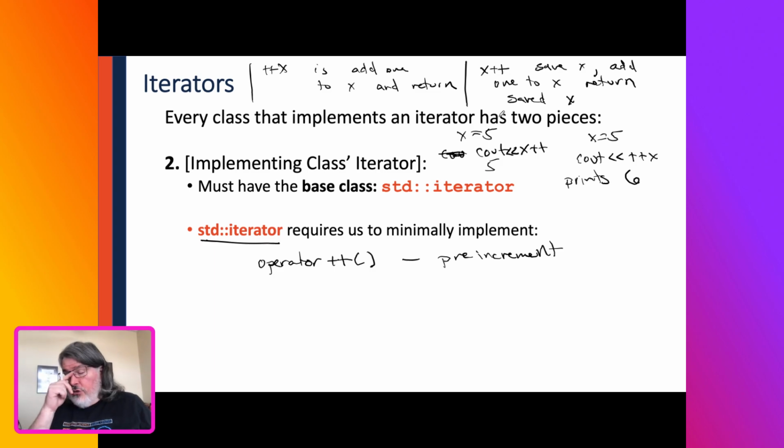Technically, it's making the compiler do some extra work because it has to write all the code to save a copy of x, and then later realizes no one needed this. But that's actually extra work. So it's a good habit, since usually you actually mean pre-increment. We just want to increment it by 1, and we don't care.